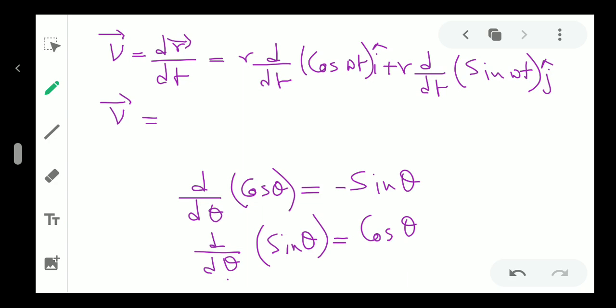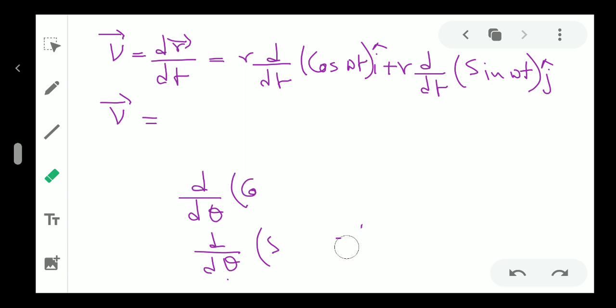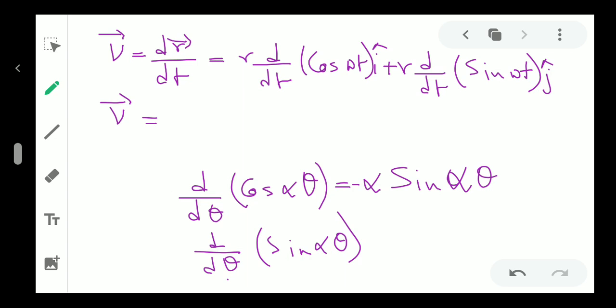Now let's say instead of this you have d/dt of cos alpha theta and d/dt of sine alpha theta, where alpha is a constant. In that case, alpha will come in front. There will be a minus, obviously, and this will be sine alpha theta. And for the other one, alpha will come in front, and this will be cos alpha theta.